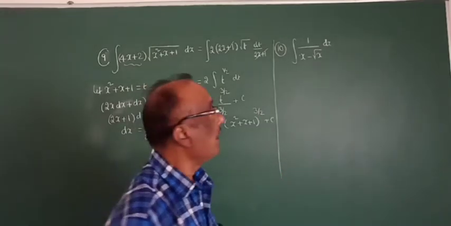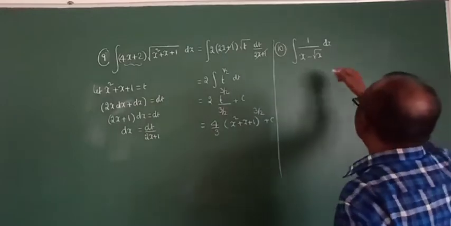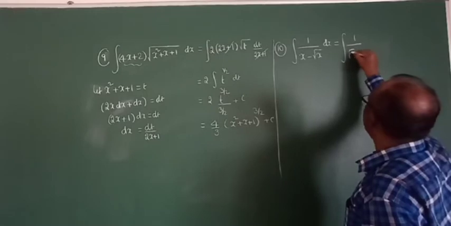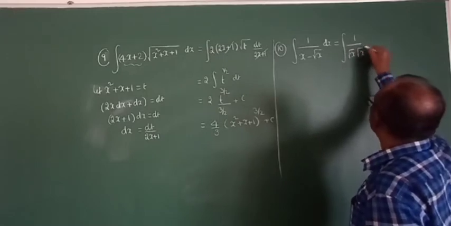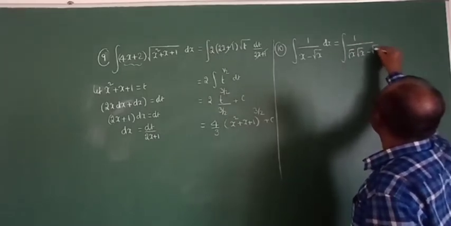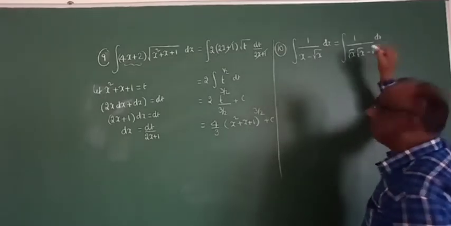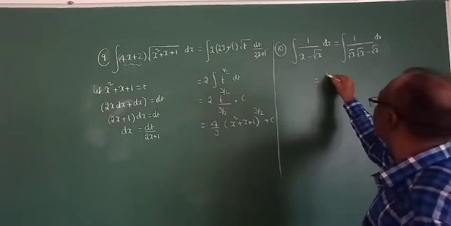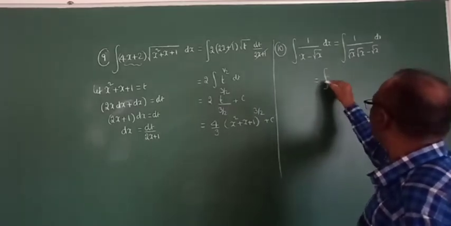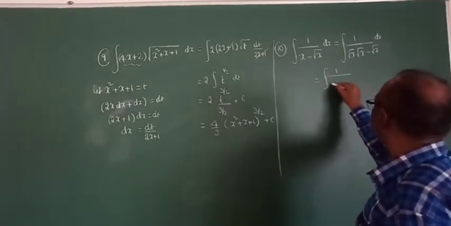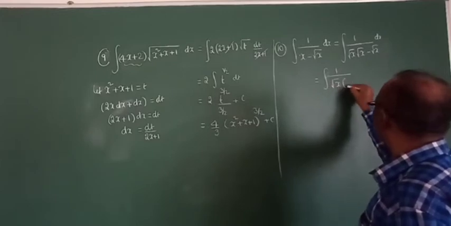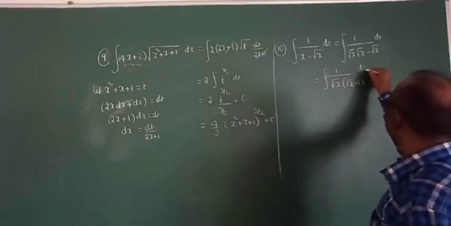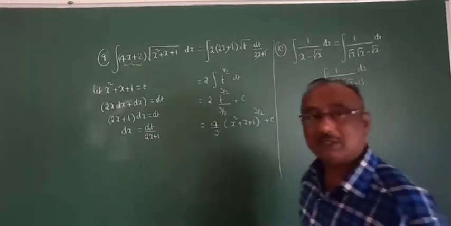Every x term is 1 by root x into (root x minus root x)... so, integral of 1 by root x is common, and the other factor is root x minus 1, into dx.